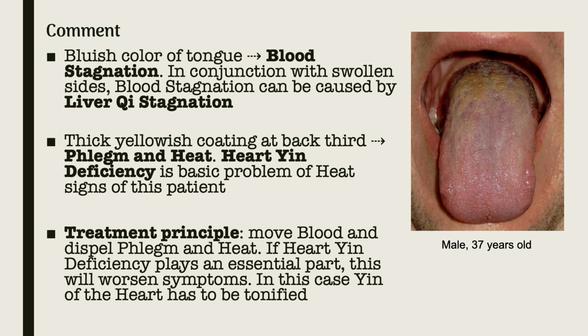Heart-yin deficiency is the basic problem of heat signs of this patient. So treatment principle would involve moving the blood and dispelling the phlegm and heat. If heart-yin deficiency plays an essential part, this will worsen symptoms. In this case, the yin of the heart has to be tonified.